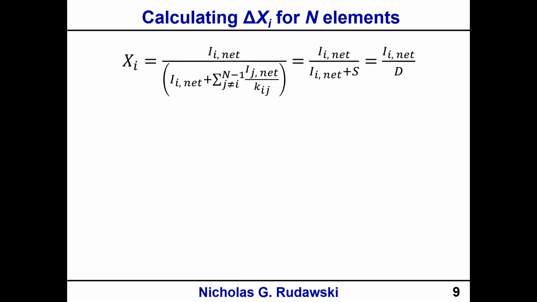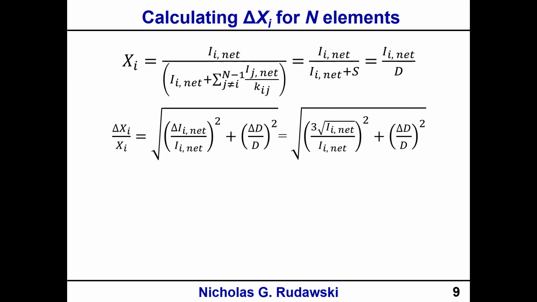Then we use the rules that we have. The relative error is equal to the summation in quadrature of the numerator plus the denominator, which is the same thing as saying the sum of the squares and then taking the square root.